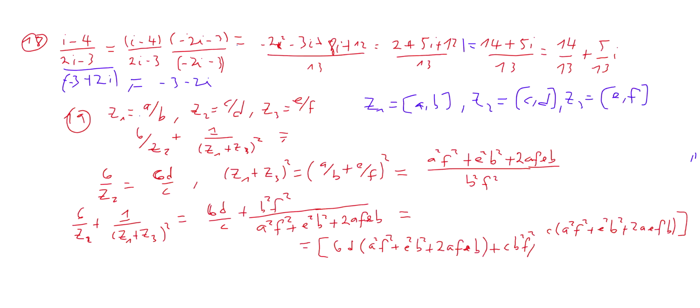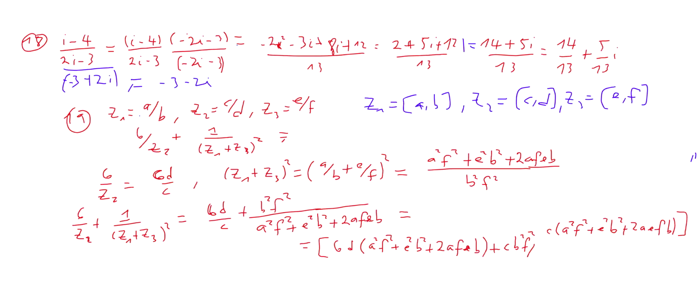And so the question was to solve 6 over Z2 plus 1 over (Z1 plus Z3) squared. So 6 over Z2 is 6d over c, and (Z1 plus Z3) squared was equal to a squared f squared plus e squared b squared plus 2afeb, over b squared f squared.